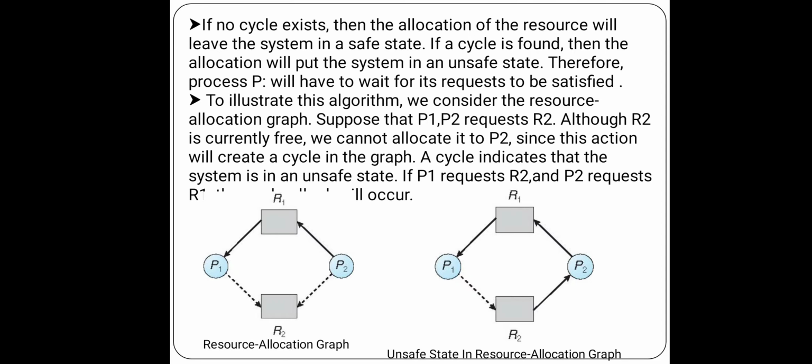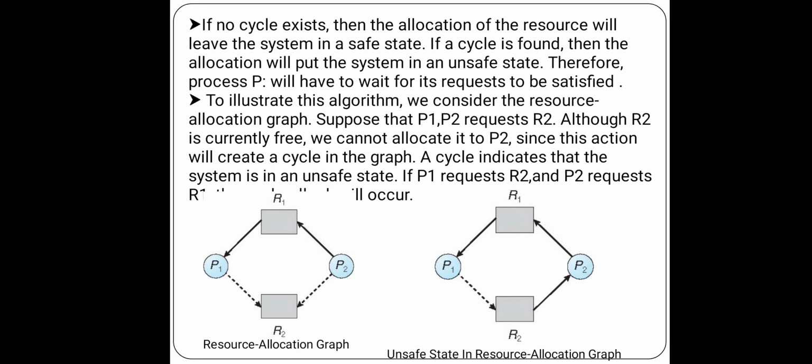See, if no cycle exists, then the allocation of the resource will leave the system in a safe state. Hope you know the difference between safe state and unsafe state. Safe state means deadlock cannot occur. Unsafe state means there is a possibility of deadlock.